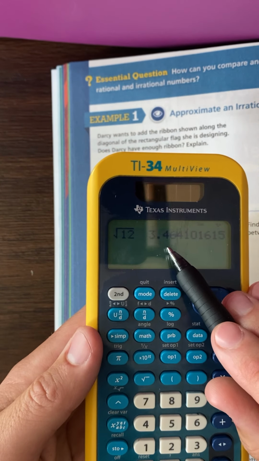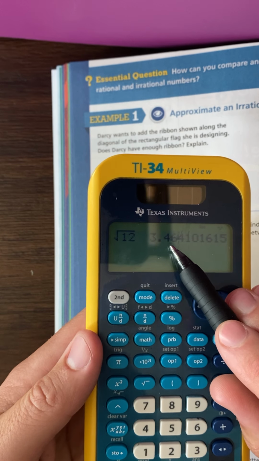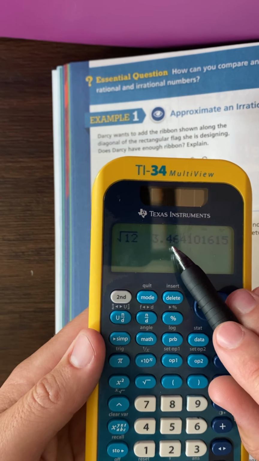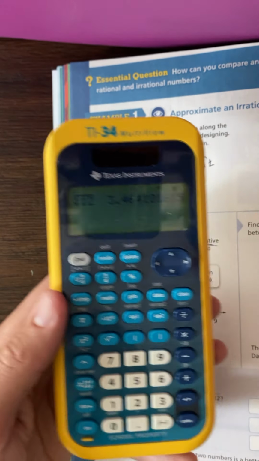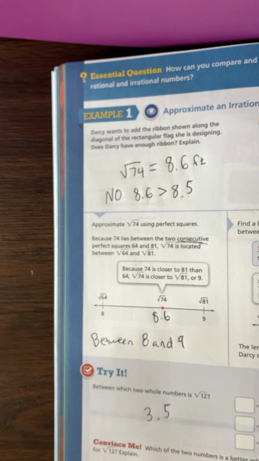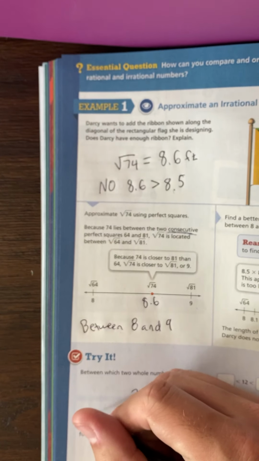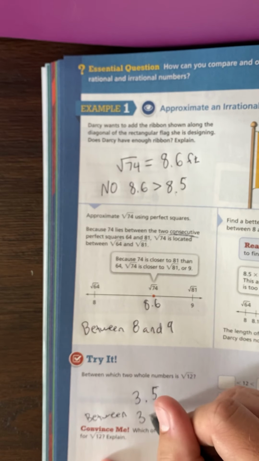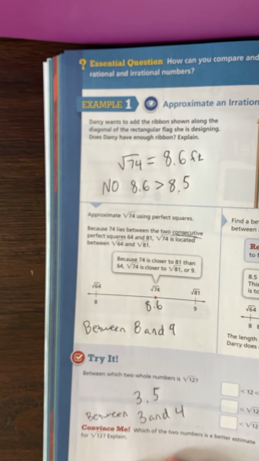You guys always learned that 5 or more, raise the score, 4 or less, let it rest. So when you're rounding, 3.46 will turn to 3.5. Well, which two numbers is 3.5 between? Between 3 and 4.